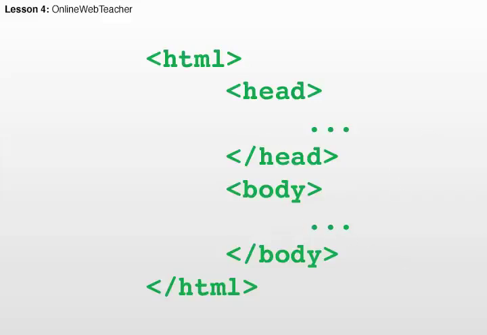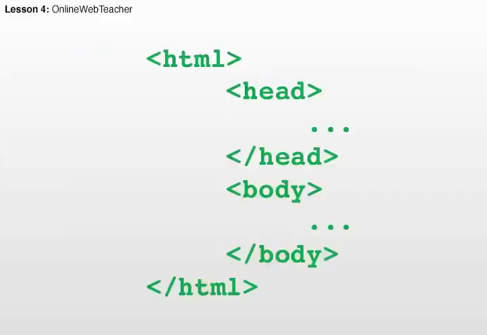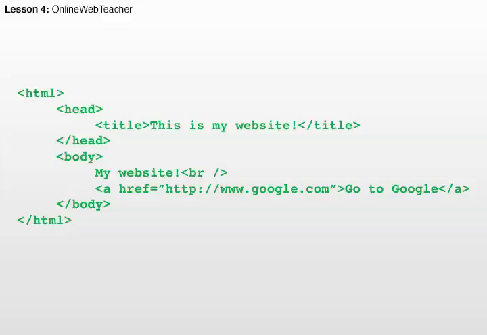So in order to represent this example with HTML code, you need to do this. You need to specify that this is an HTML document. Inside the head, you need to specify a tag called title, and the title in between: this is my website.